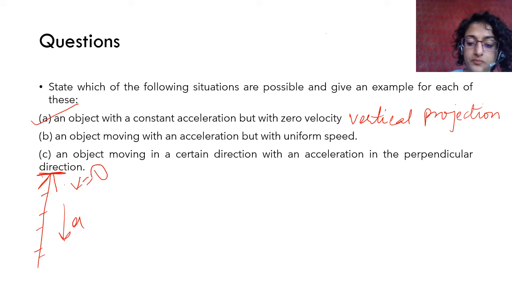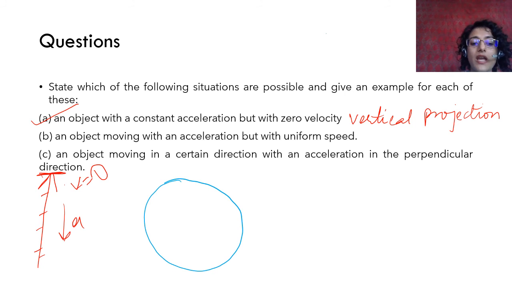Okay, so the second point is an object moving with an acceleration but with uniform speed. I have taught you so many times in the previous part. I have repeated this maybe 7 or 8 times. Do you remember? This happens in a circular path. In a circular path, the object is moving with a uniform speed.